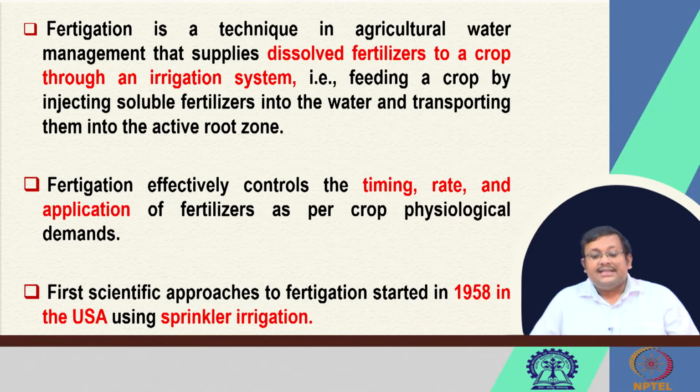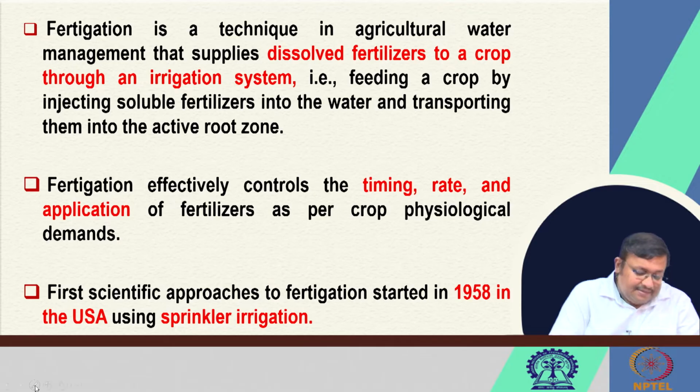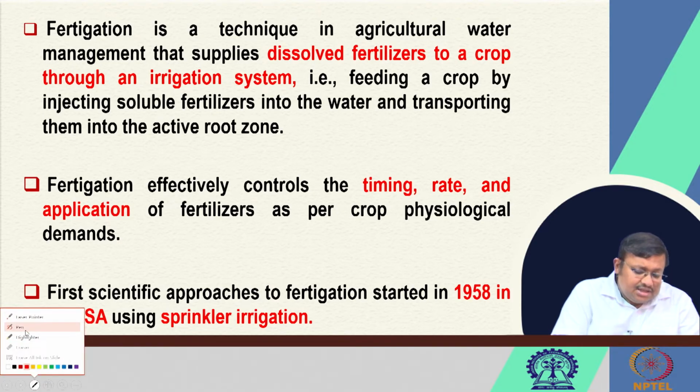Fertigation is a technique in agricultural water management that supplies dissolved fertilizers to a crop through an irrigation system, that is, feeding a crop by injecting soluble fertilizers into the water and transporting them into the active root zone. Here one thing is very important, as you can see, that is soluble fertilizers.